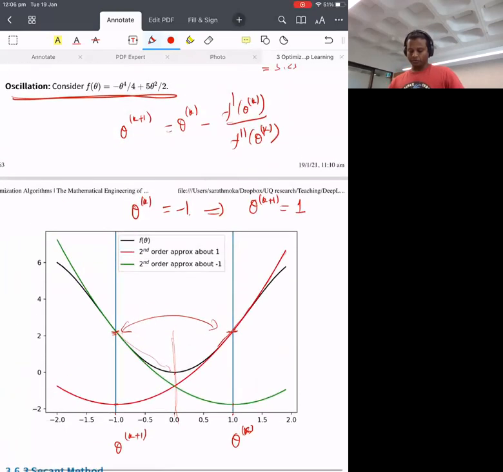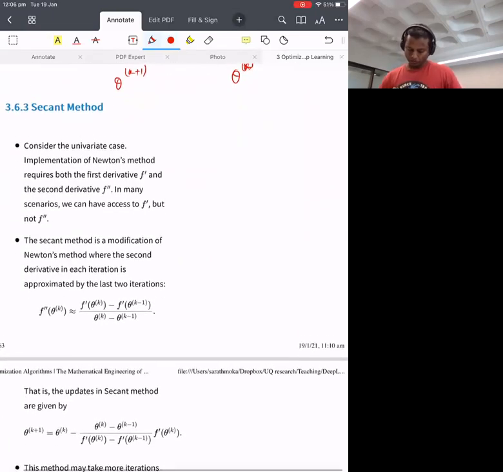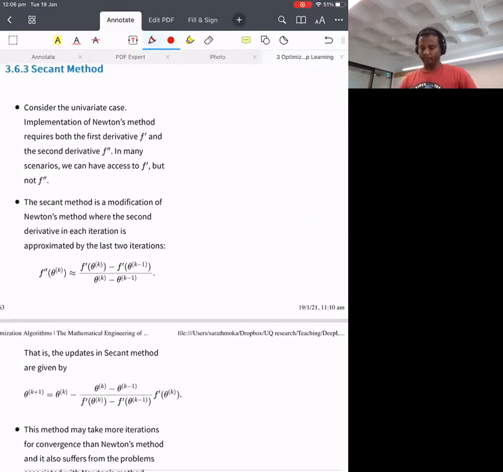So these are the issues, and one of them is how do we do Newton's method if the second order derivative is not available in the one-dimensional case?